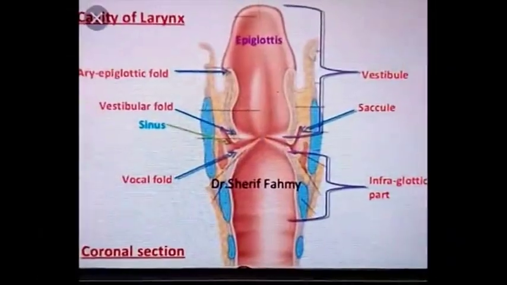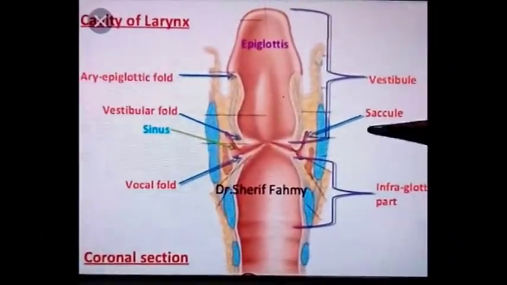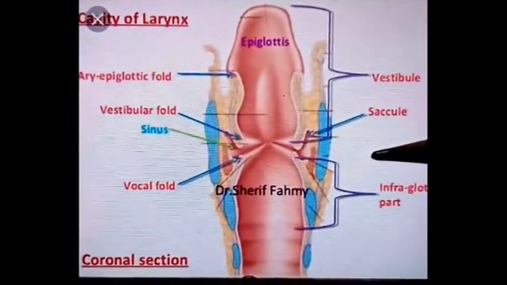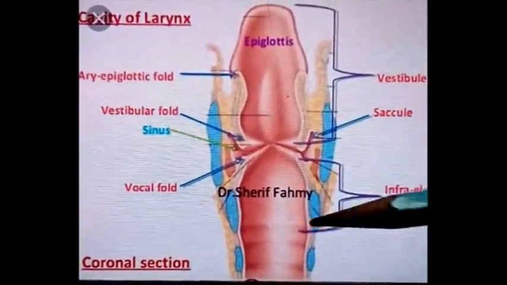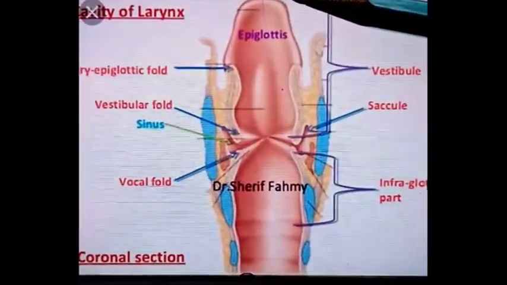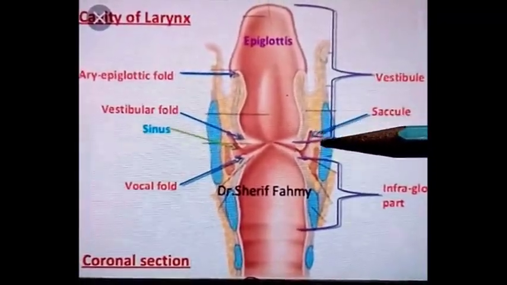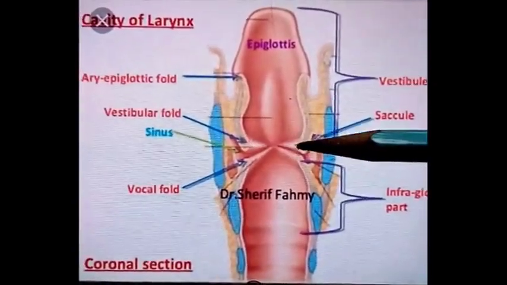In the coronal section across the larynx, we see different parts of the larynx and also the position of the vestibular fold and the vocal fold. So the part of the cavity of the larynx from the epiglottis to the vestibular fold, this is the vestibular fold, the upper fold.